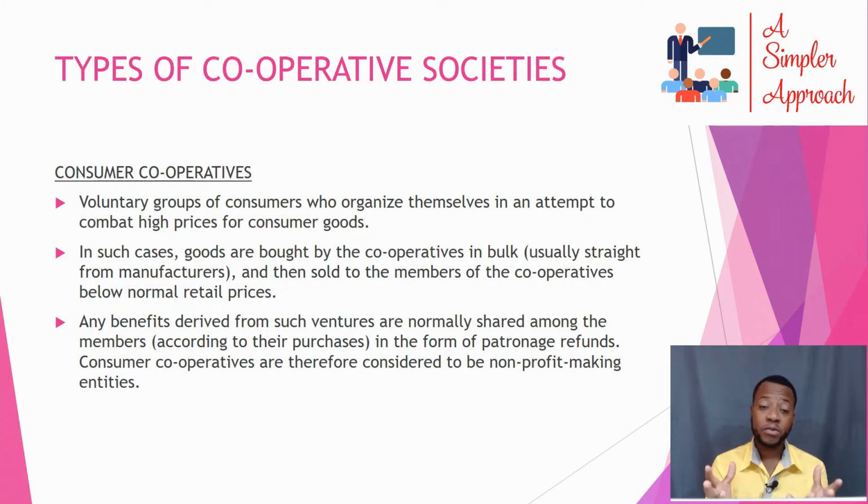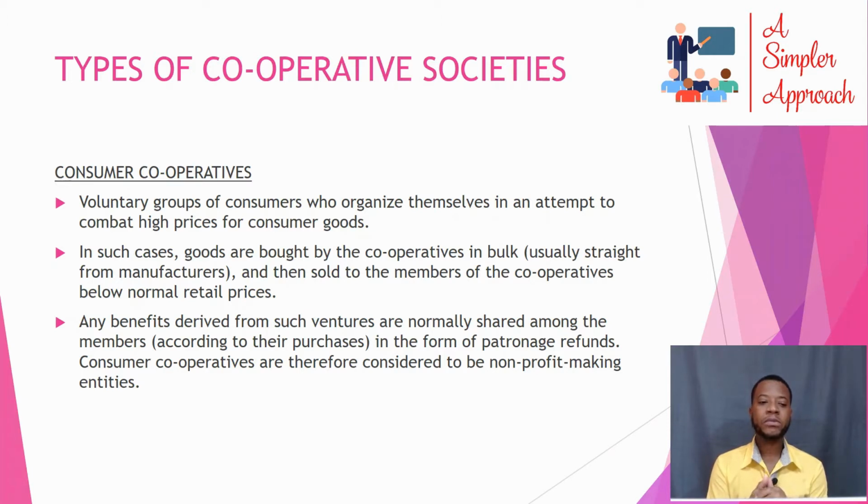And you know, when you buy in bulk, you benefit from all sorts of discounts. Okay? And when the items are received, they sell it to each other below regular retail price. In doing that, they escape the high price of the same product that might be offered by someone else.